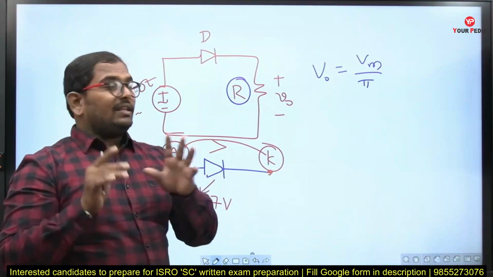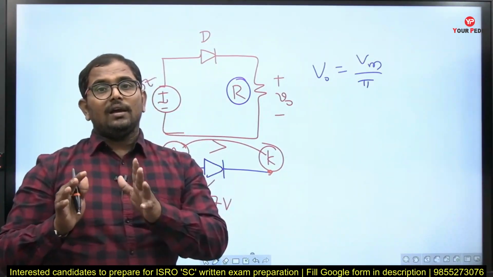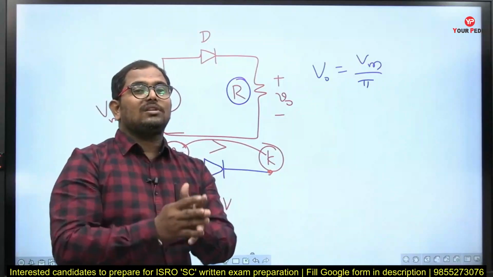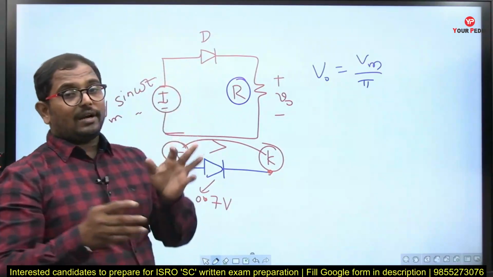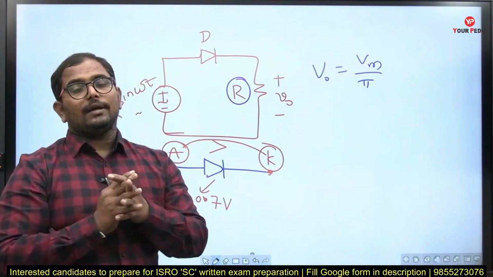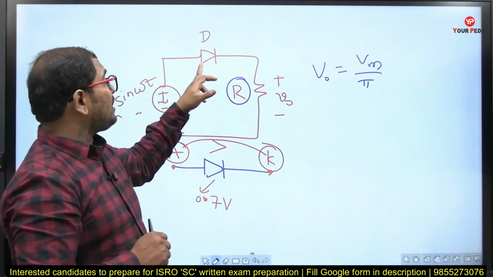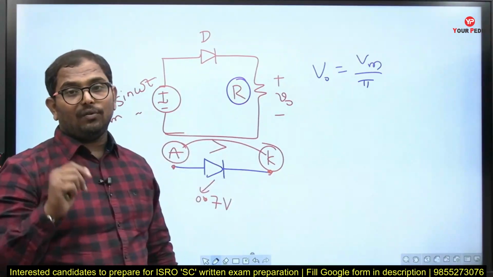They choose the resistive load R and generalize like that: this diode will conduct only from 0 to pi, and from pi to 2 pi it will not conduct. But that is misconceptual knowledge, because diode conduction depends on the type of load.